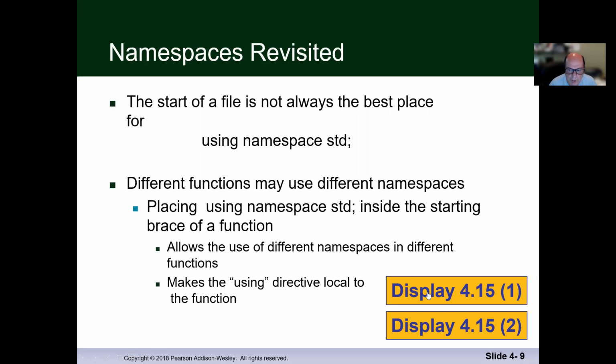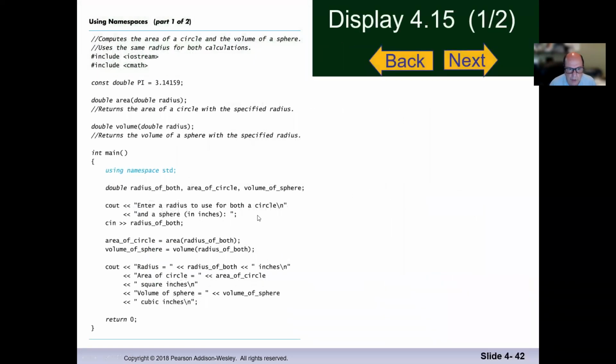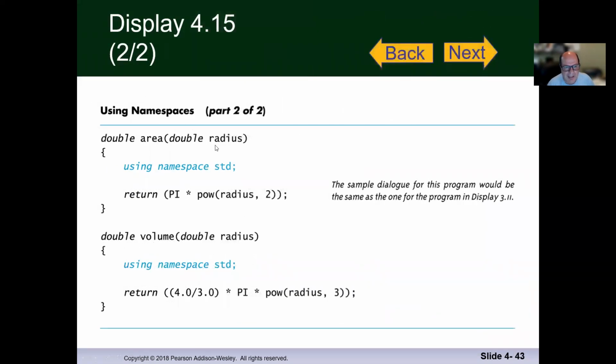One way to fix that issue is we can make the using namespace std local instead of global. So whenever we need it, we can use it. We can have it in the main and use it inside the main, or we can have it inside the functions. Input and output are the only ones that are going to use cin, cout.